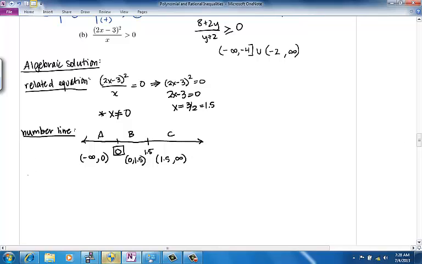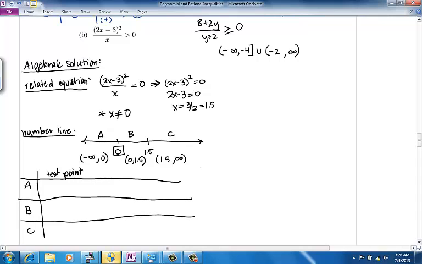And then we want to make our chart and test the sign of 2x minus 3 squared over x. So choose a test value if you want, or I guess I'm calling that a test point. Or you can just think about anything in the interval, what the sign of each factor is going to be.